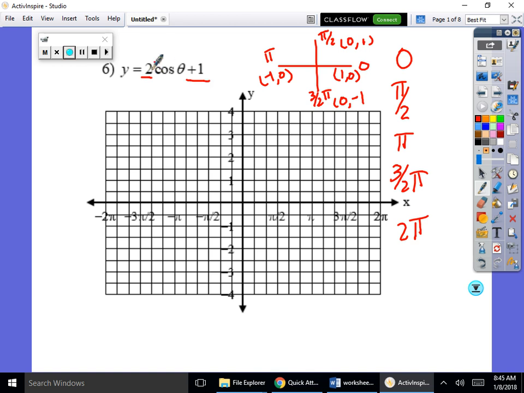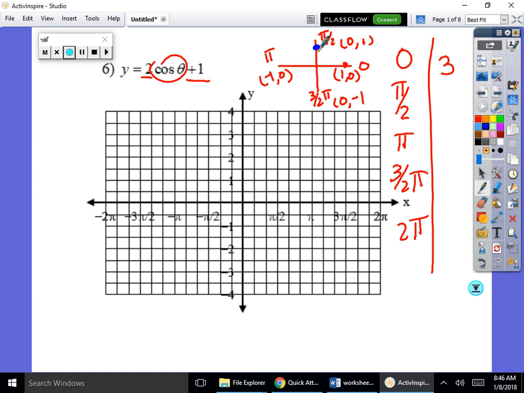So I need to find the cosine at 0. So 0 is right here. What is the cosine at that location? 1 times 2 plus 1, 3. Excellent. Now I'm going to move on to pi over 2, which is here. What is cosine at that location?